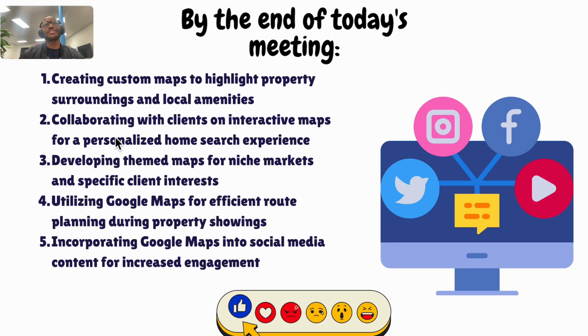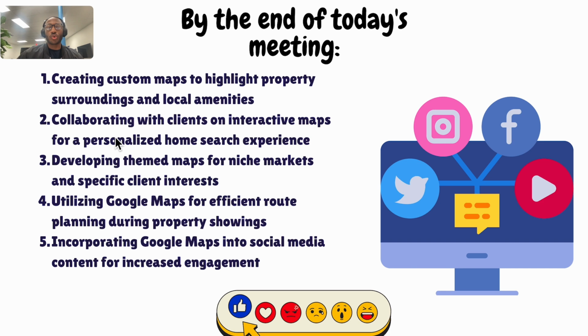But you're essentially creating a map of all of the relevant things people might think about or look for when moving into a new place, whether that be schools, places to eat, parks, shops, movie theaters, you name it. So you can basically curate your own map and share it with clients.